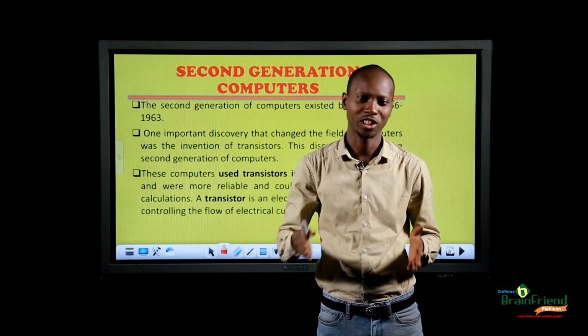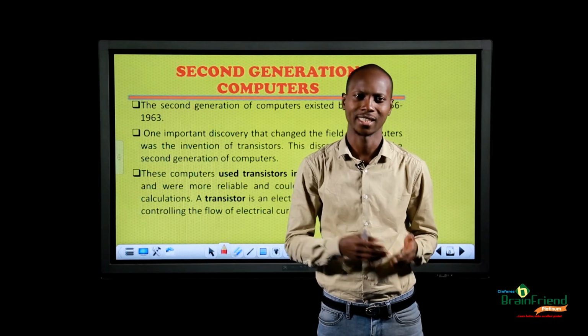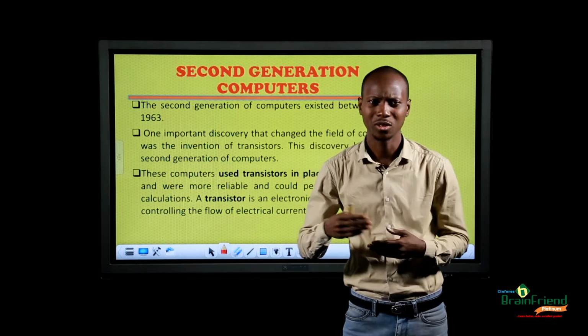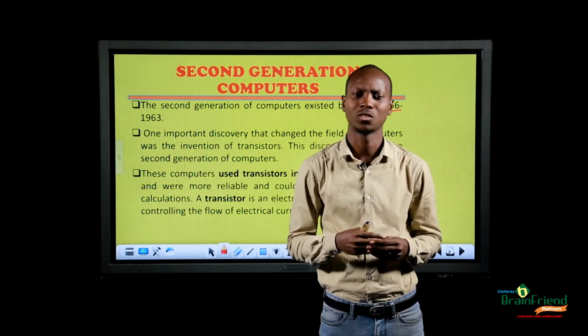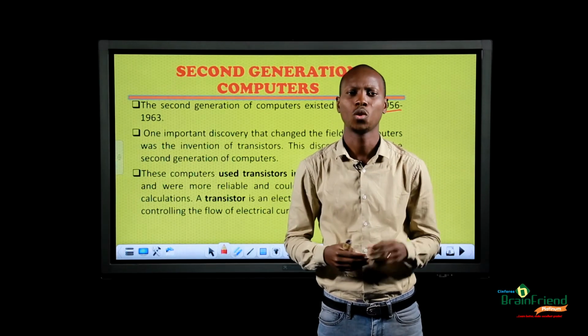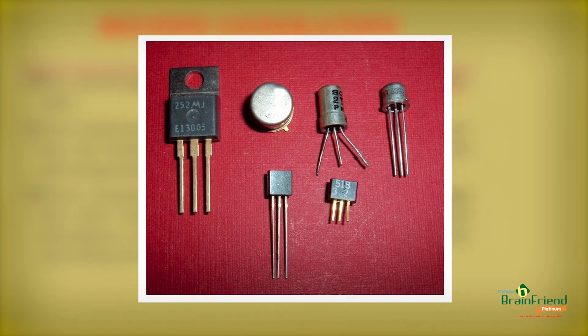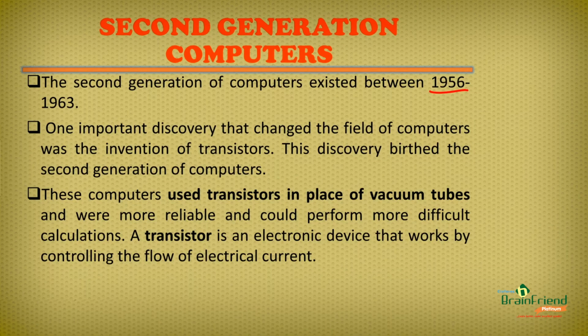The second generation of computers existed between 1956 to 1963. One of the remarkable discoveries that birthed the second generation computers was the discovery of transistors. The use of transistors replaced the use of vacuum tubes in the second generation of computers. You may ask, what is a transistor?